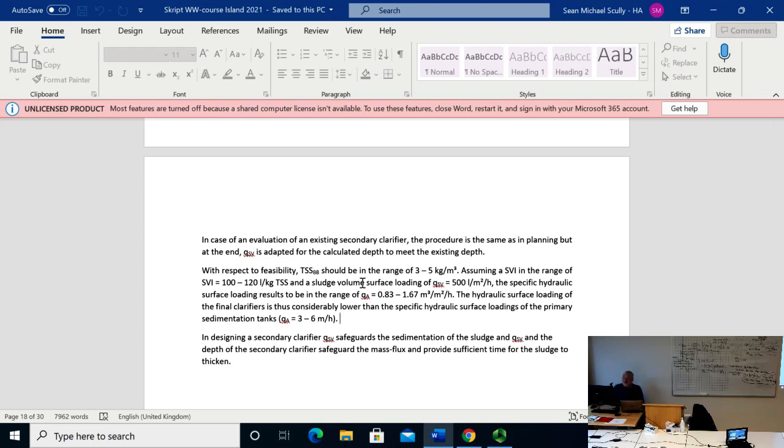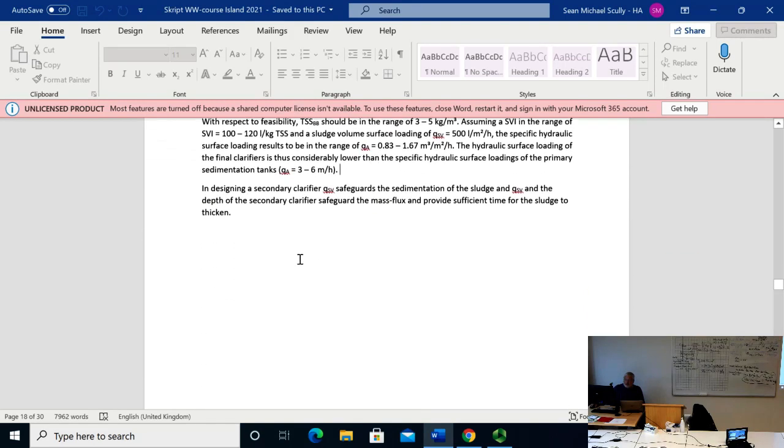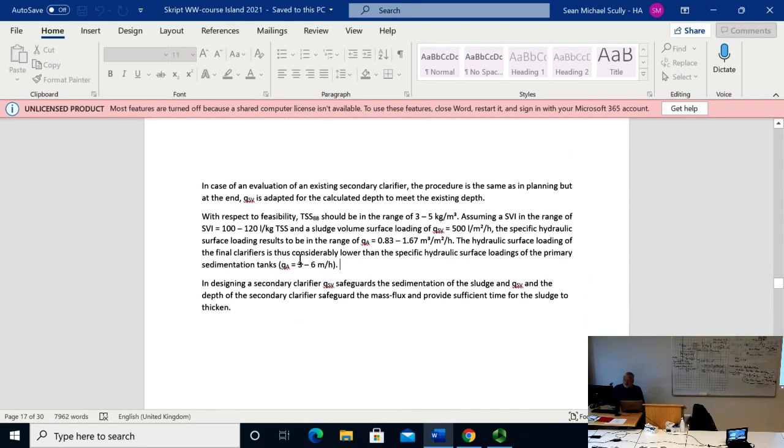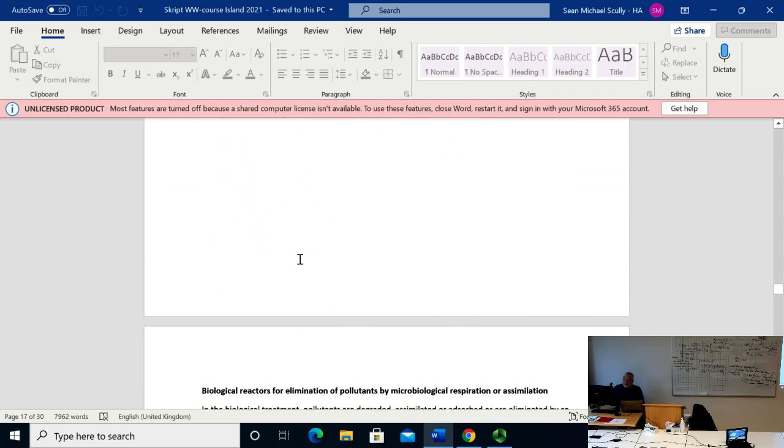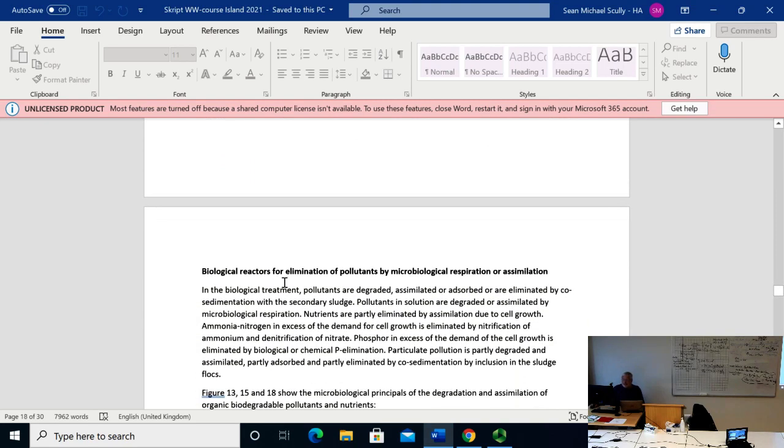In designing a secondary clarifier, the QSV safeguards the sedimentation of the sludge, and QSV and the depth of the secondary clarifier safeguard the mass flux and provide sufficient time for the sludge to thicken. This is how you dimension those. No? Okay, we have then finalized the mechanical treatment stages and come to the biological reactors.